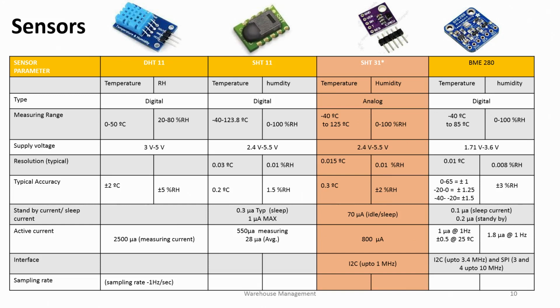You can see that SHT31 gives you analog out and SHT11 gives you digital output. That means all the analog sensing and signal conditioning and giving you the digital out is already done by the SHT11, whereas with SHT31 you have to plan everything in terms of converting it into digital form, okay, it is your choice. The measurement of humidity and temperature are clearly indicated here, and so on. Based on what you need, you could pick your sensor of interest.